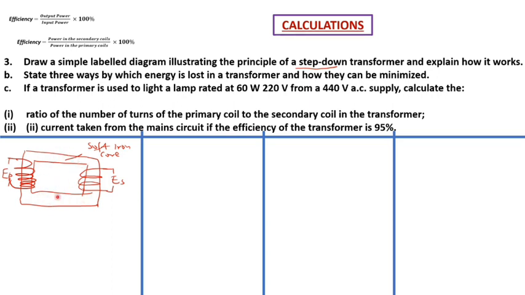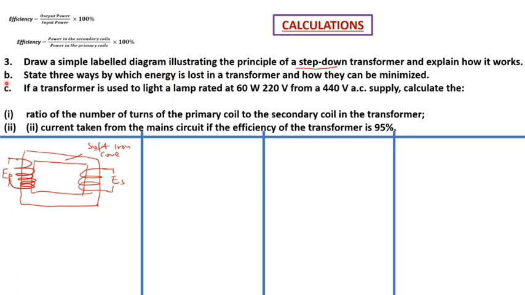This changing magnetic flux then links the voltage to the voltage in the secondary coil, or induces an EMF of the same frequency as the one in the primary coil. So the induced EMF will be smaller than that of the input EMF because it's basically a step-down transformer.